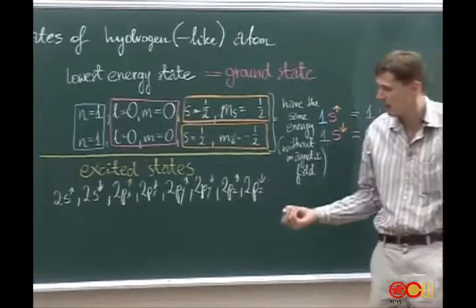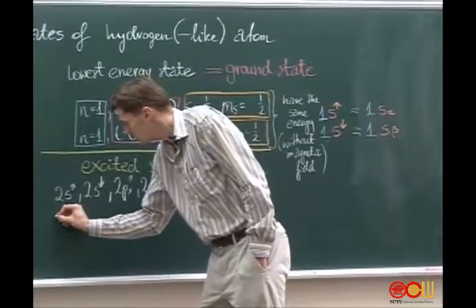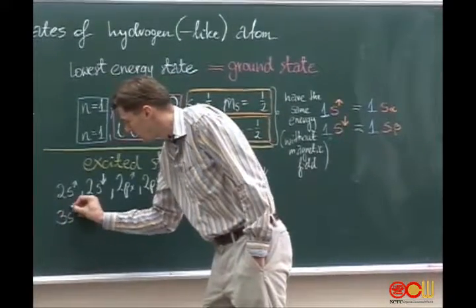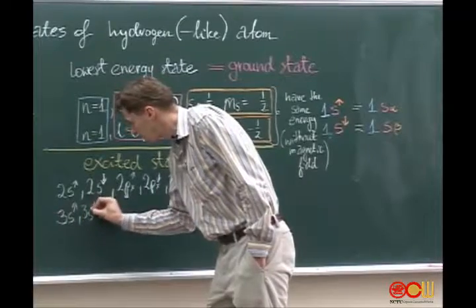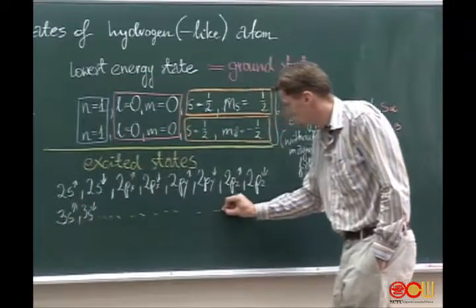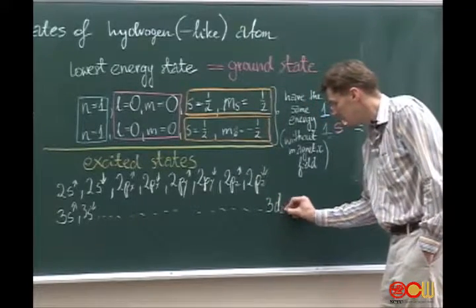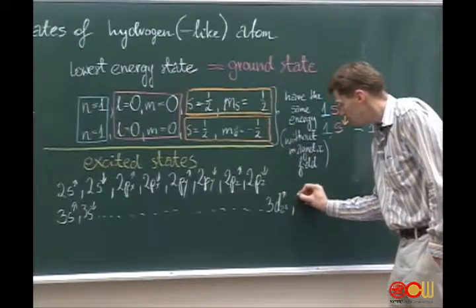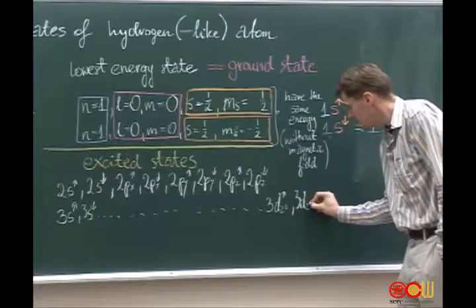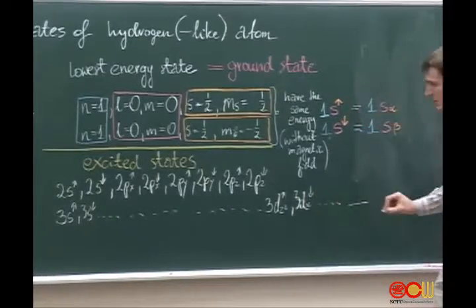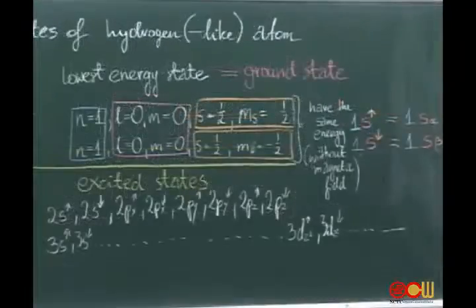But of course, there are next excited states that would start with the 3: 3s up, 3s down, all the way of the p. Then of course the d starts: 3dz square up, 3dz square down, all the d orbitals. How many of them?